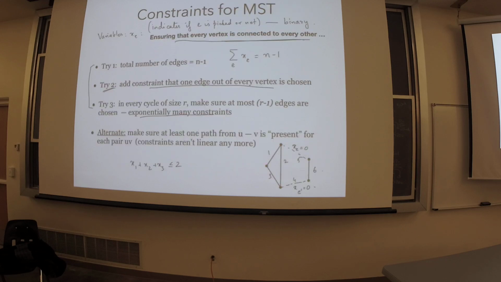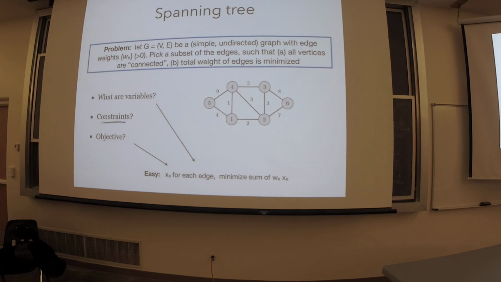The formal definition just said to pick a subset of the edges such that all vertices are connected, and the total weight of the edges should be minimized. It just so happens that the optimal solution is a tree because all the weights are positive and you can only gain by removing some edge. Right? So if there was a cycle.